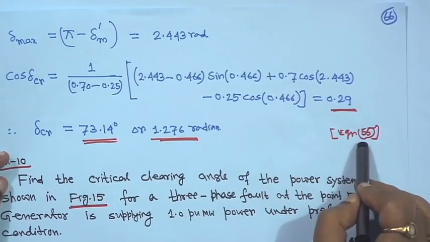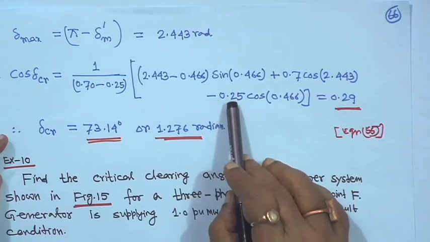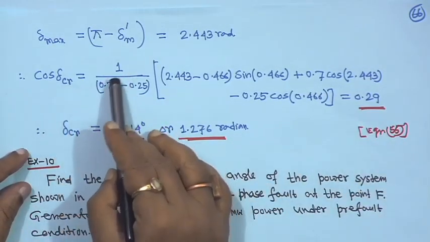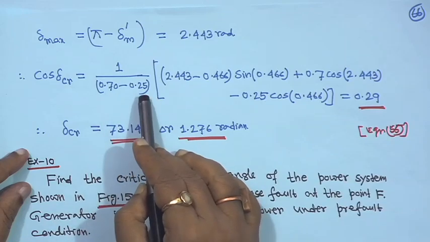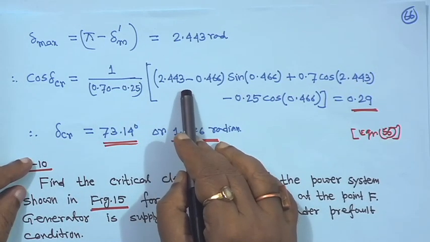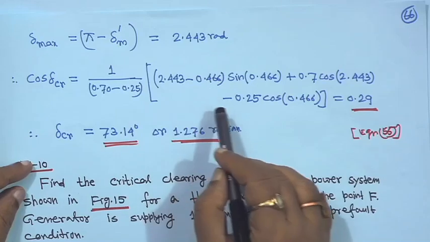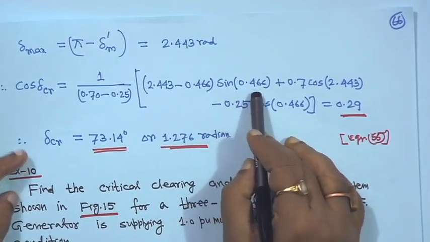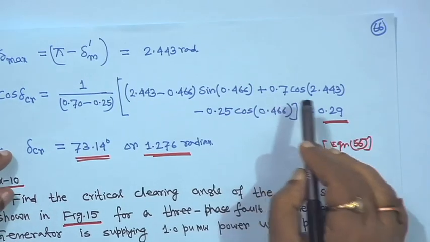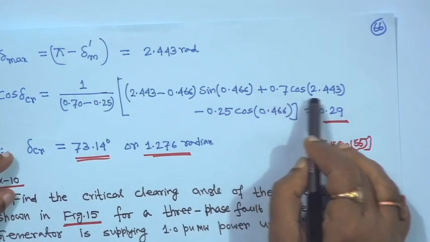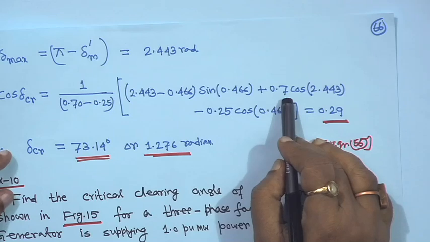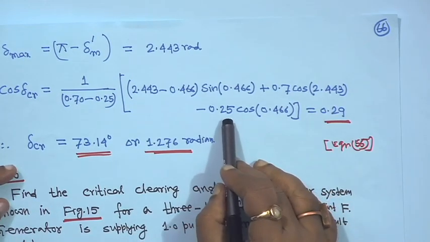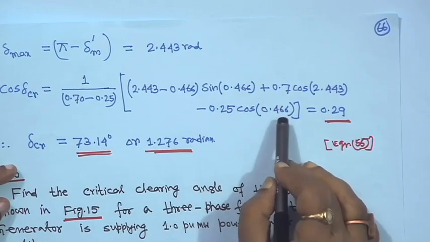Now, go back to equation 55. I have not rewritten that equation again, but it is equation 55: cosine delta CR is equal to 1 upon K2 minus K1, then 2.443 that is delta max, minus 0.466 that is delta 0, sine of 0.466 radian, plus 0.7 cosine 2.443 that is K2 cosine delta max, and minus 0.25 that is K1 cosine 0.466 that is delta 0.